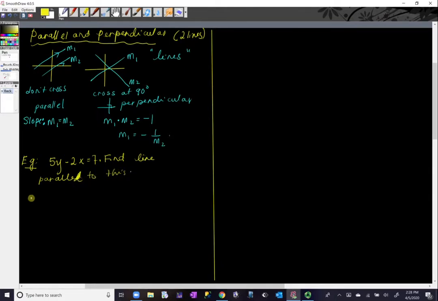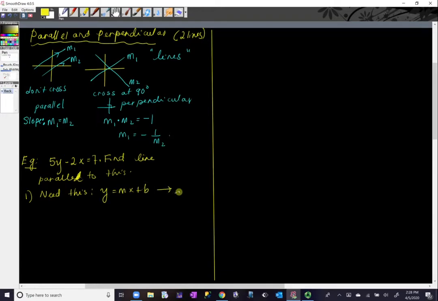So your first key is, what do you need? You definitely need this equation to be in y equals mx plus b.